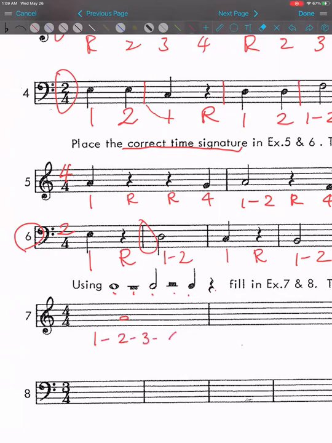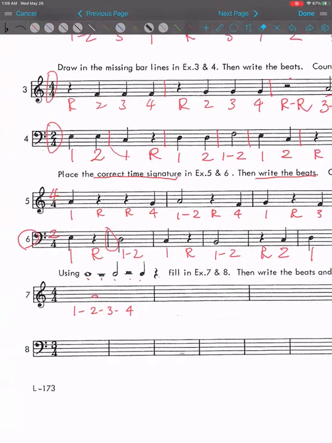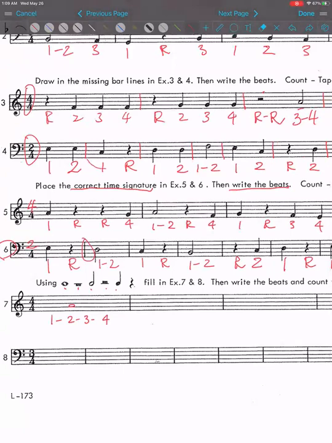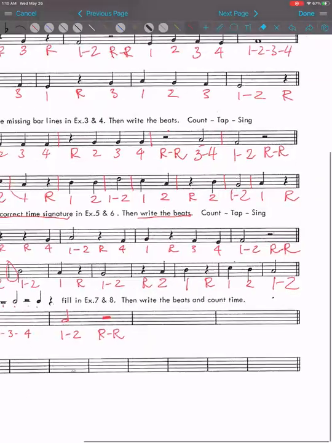So I'm going to try a whole note here, and it'll be 1 dash 2 dash 3 dash 4. And then I'm going to write a half note and a half rest. So it will be R, R. The third measure, I'm going to try my quarter note. So I'm going to do quarter, quarter, rest.